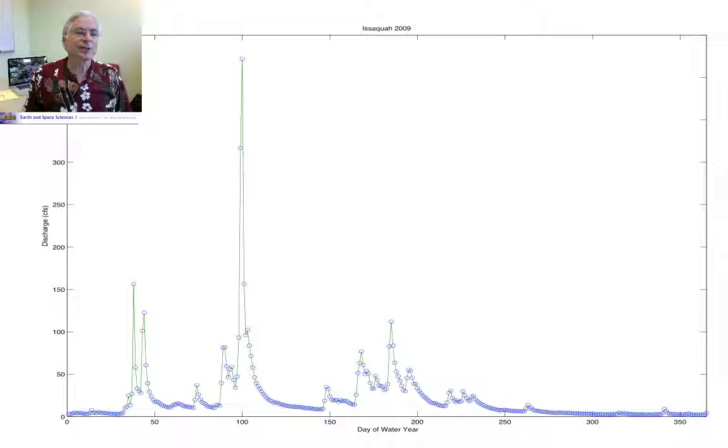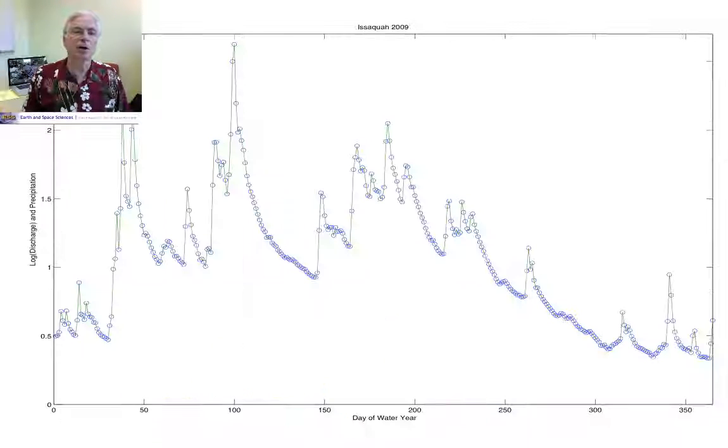Now this is a linear scale, and you can see it seems to range from near zero values to values up over 400 cubic feet per second. It's useful to plot this on a semi-log plot.